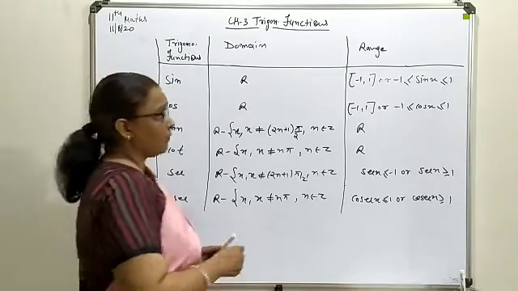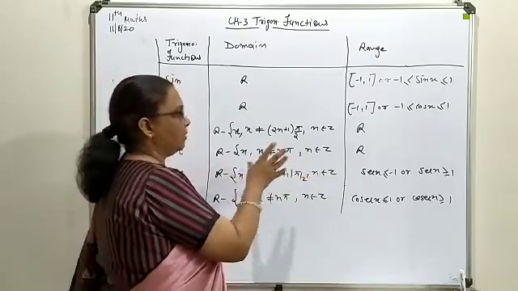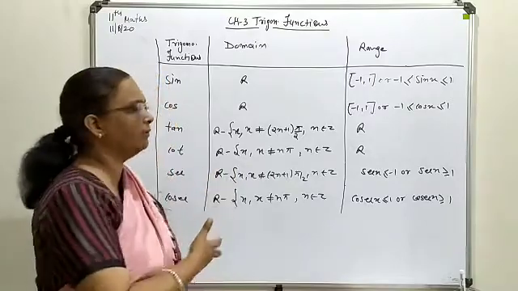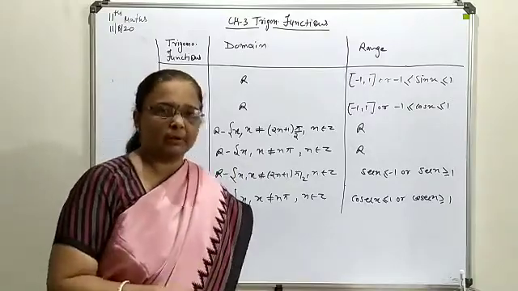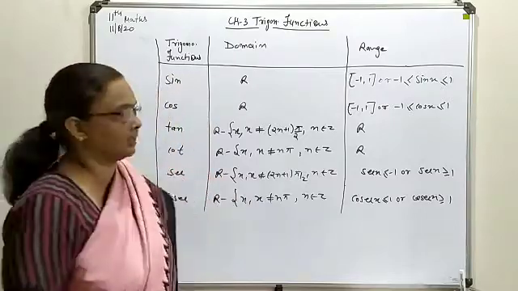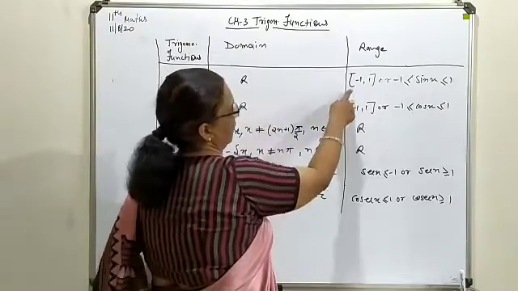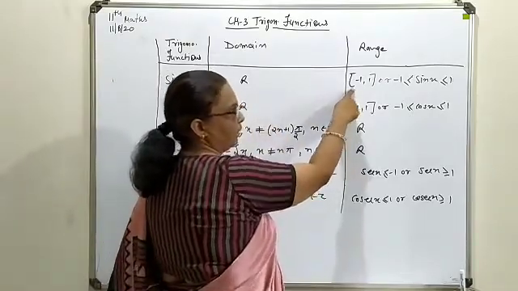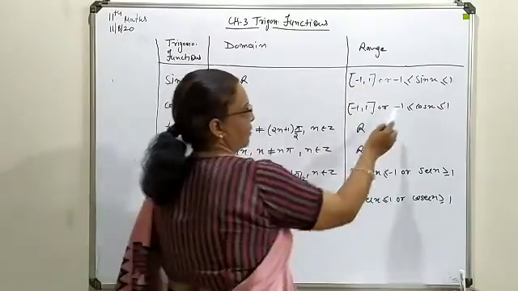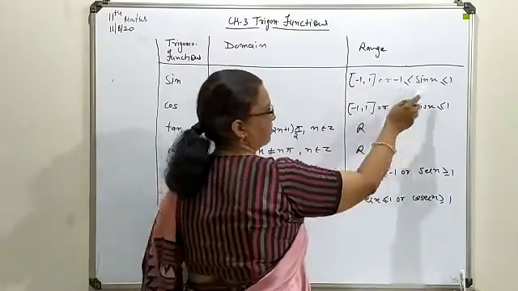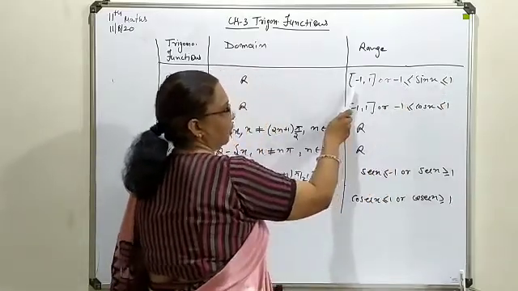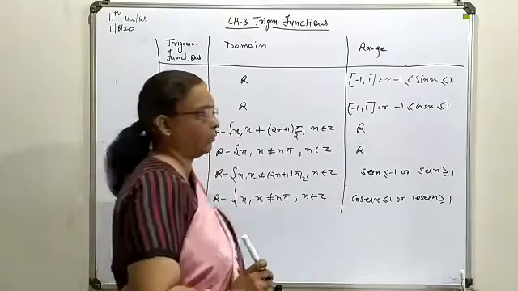So here, mainly take care of the range, because the domain we are not going to substitute; the domain will be available to us, but what form the answer should take is the main task. So for the sine curve, your range, meaning the answer, should come within the closed interval -1 to 1, or it can be defined as -1 ≤ sin x ≤ 1, with the equality sign, meaning you can write the closed interval definition here.